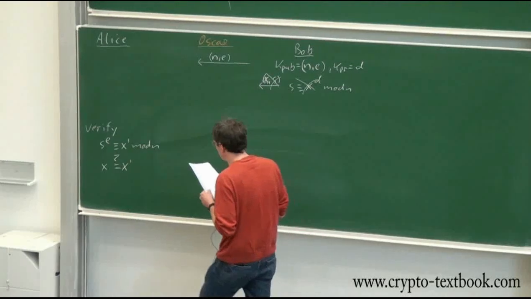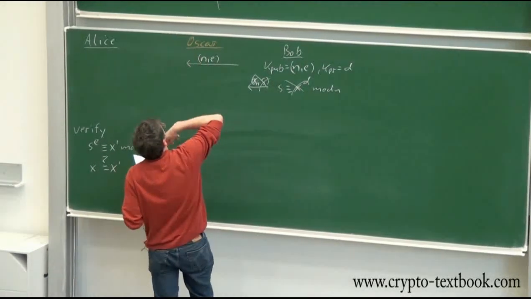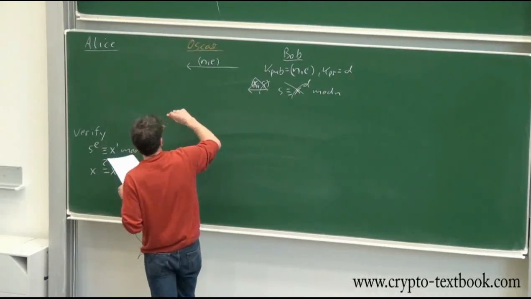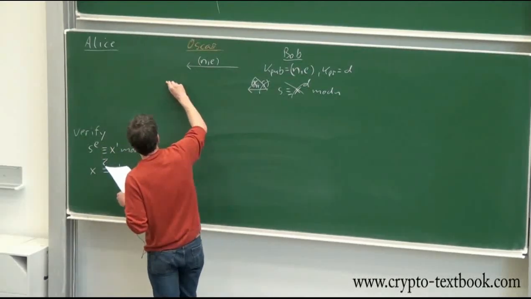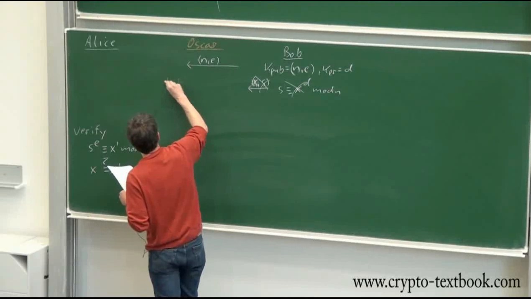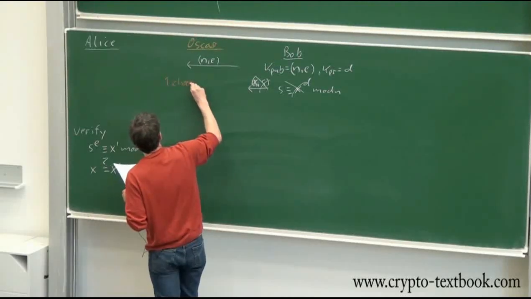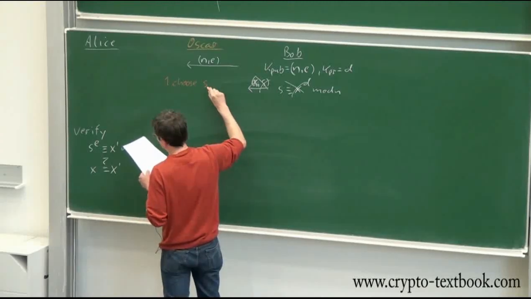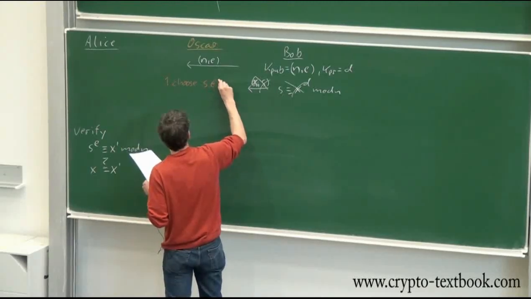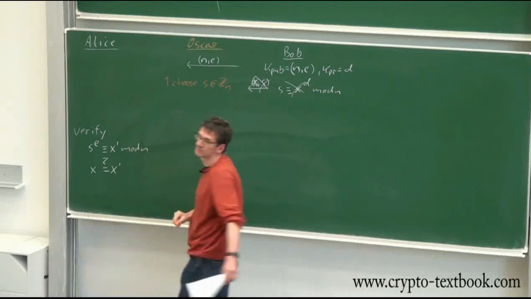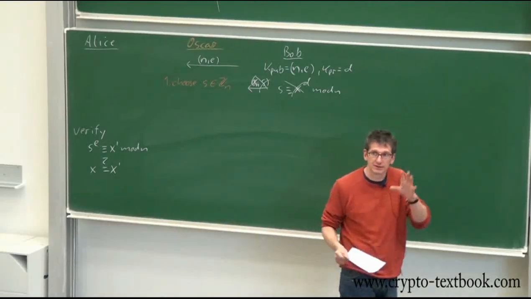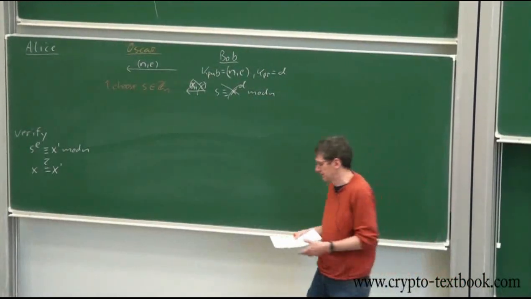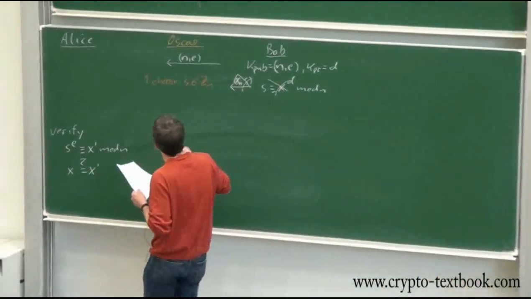Okay, so what Oscar does for this existential forgery attack is, first step, he chooses a signature S in Zn, so 0, 1, 2, 3, 4 up to n minus 1, and n is a 2000-bit number. Really large number, okay?